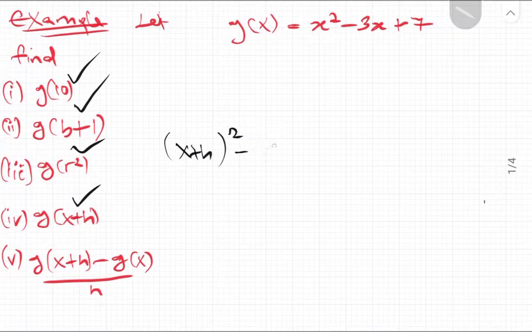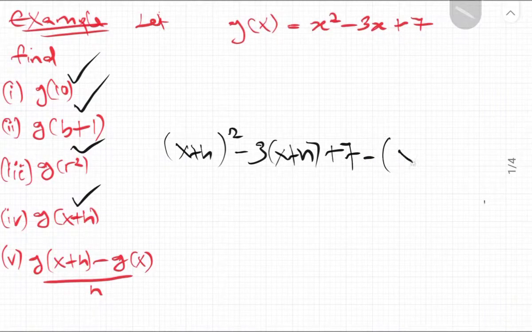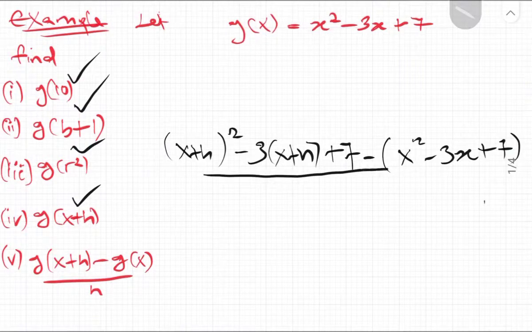Then minus 3x, what is x? x plus h. Then plus 7. And we now have minus g of x. What is g of x? Of course, this is g of x. So we have minus g of x, which is x squared minus 3x plus 7, over h.